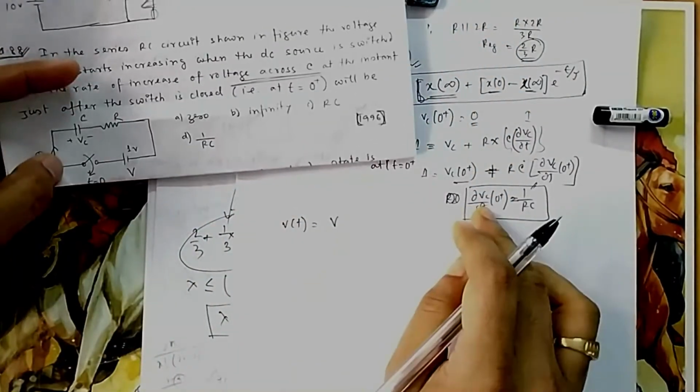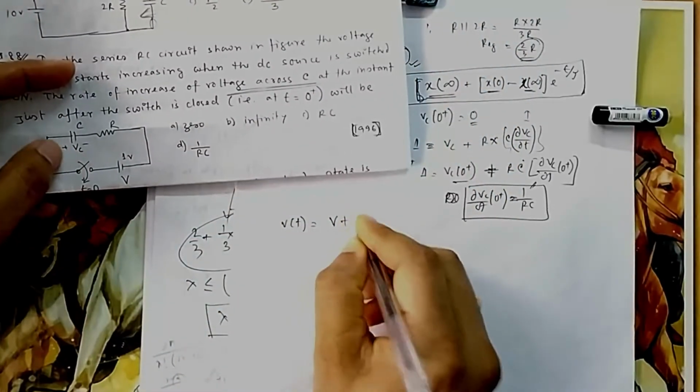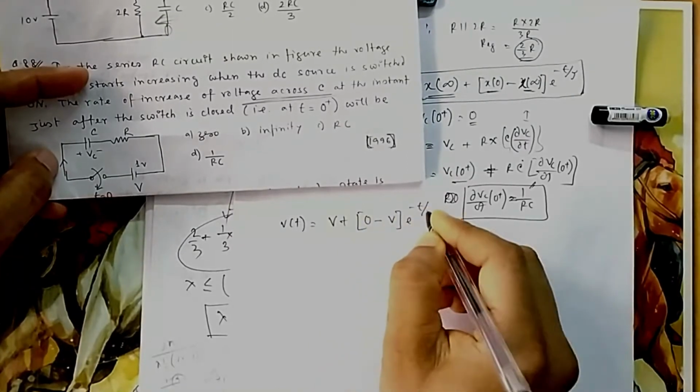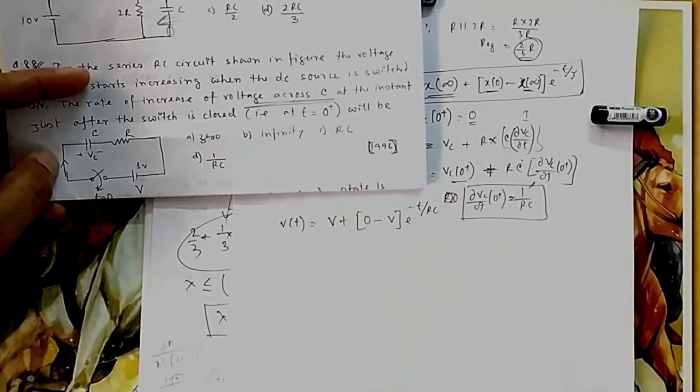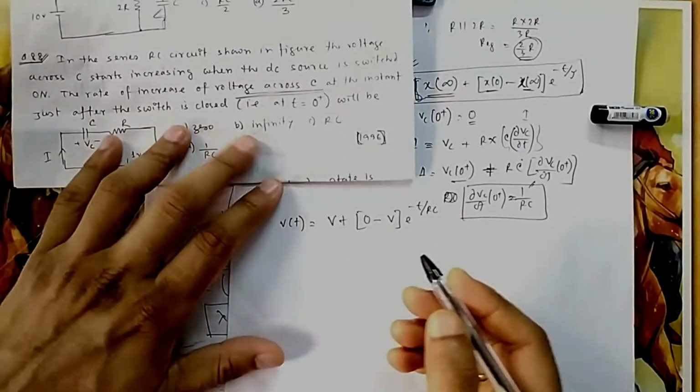Suppose the final voltage is V for me. Because I need to find the differentiation only, that's why the values are not given here. So it will be V plus, the initial condition is 0, then the final value is V e to the power minus t by RC. So this is the condition for me. Now if you differentiate it, you will find the answer.